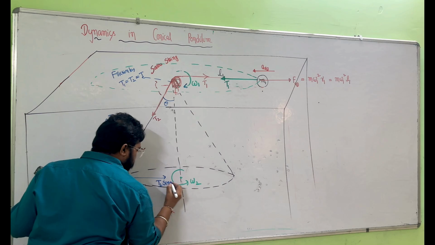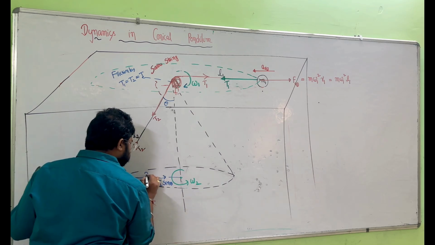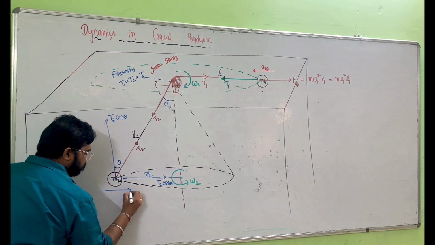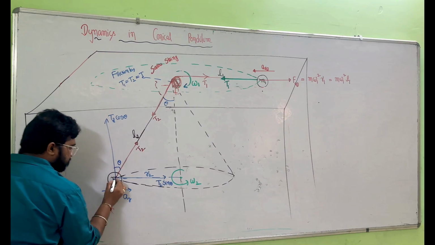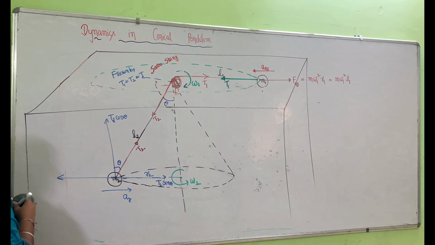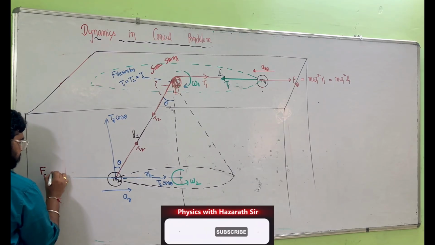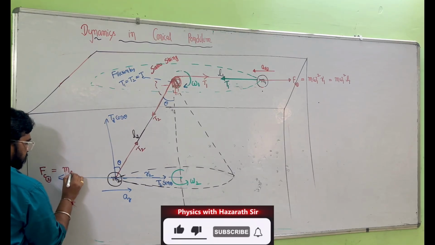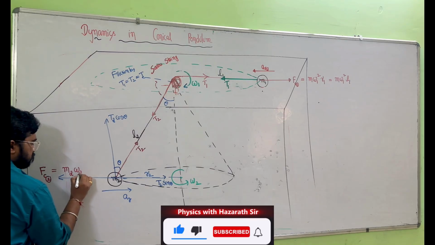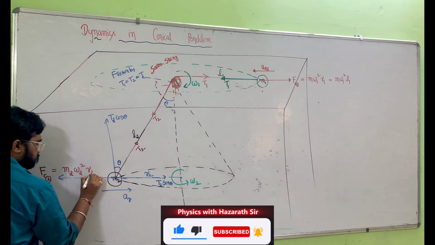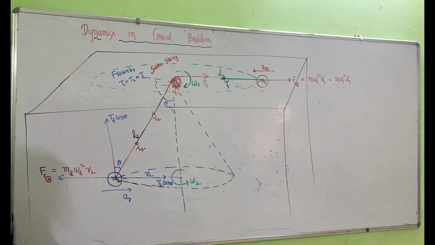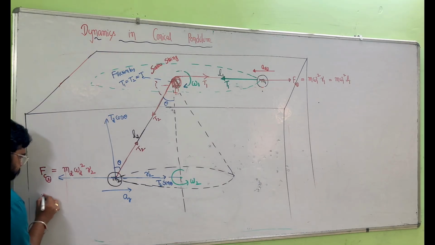T2 sin theta is balanced by the centrifugal force, this is R2. Centrifugal force always acts away from the center of circular motion. FC2 can be written as M2 omega 2 square R2.